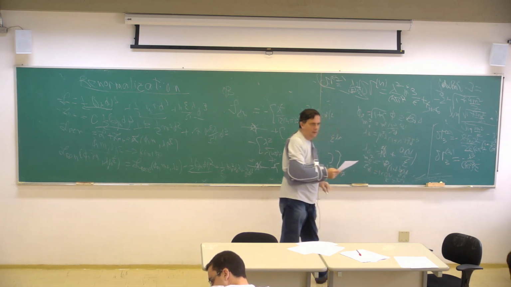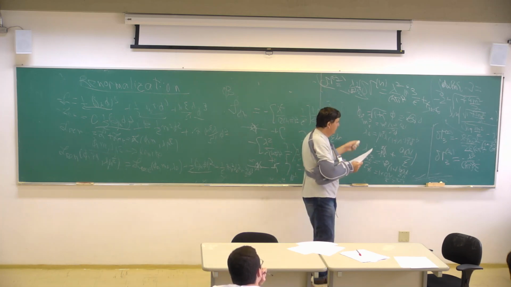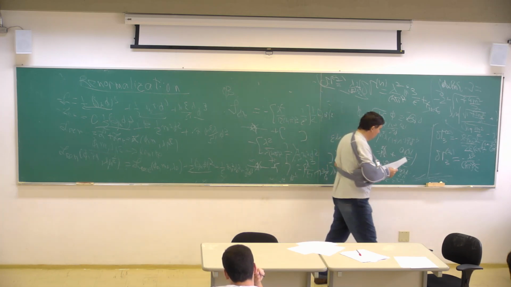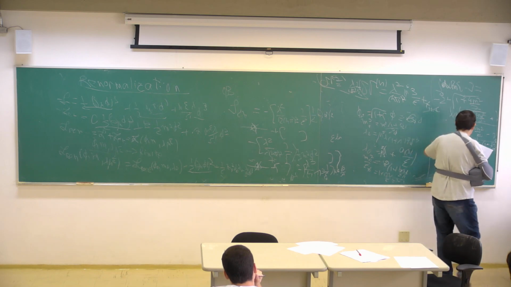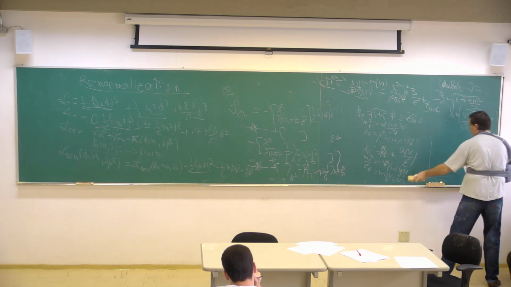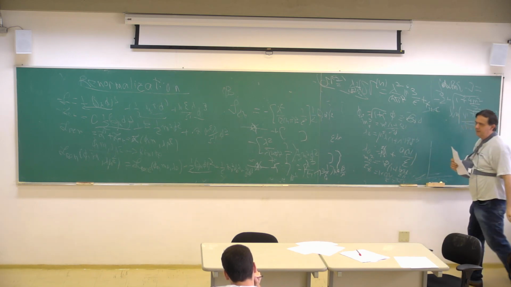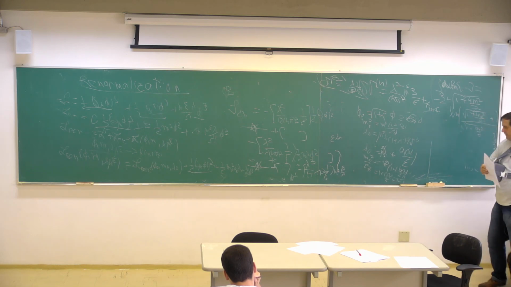This was all only at one loop. Now, if you go to higher loop, you generalize that instead of 1 over epsilon, in principle you find all powers of epsilon.